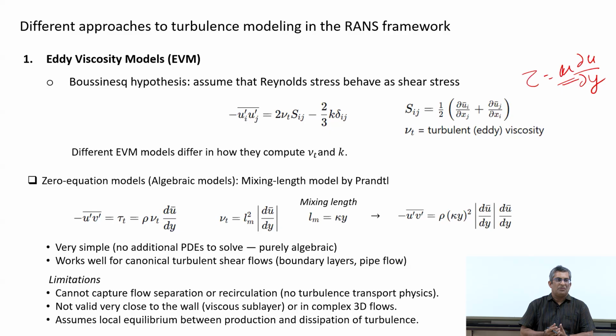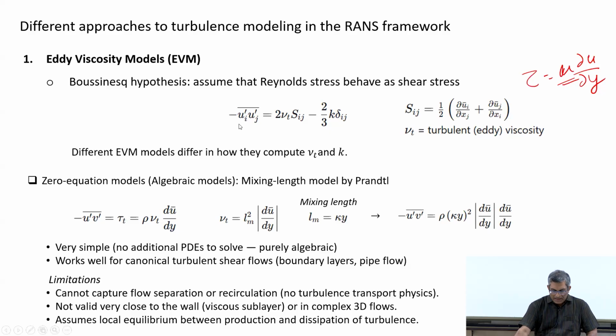In the same way, according to this model, which is based on basically Boussinesq's hypothesis, we have something called eddy viscosity. This is not a physically realistic parameter. This is used to model turbulence in the RANS based approach.